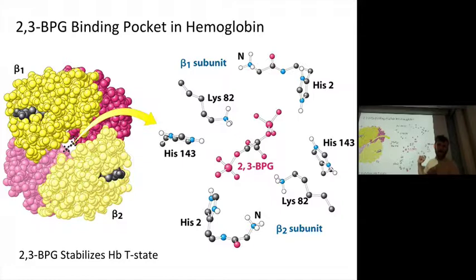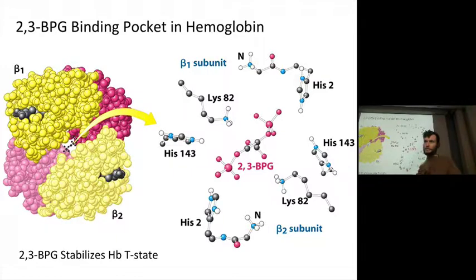Those are all positive, those are cations, as well as on the beta-2 subunit. There are 3 cations. So this is a +6 charge pocket inside that donut. And 2,3-BPG sticks itself in there and kind of locks it in to that orientation a little bit because of charge-charge interaction.